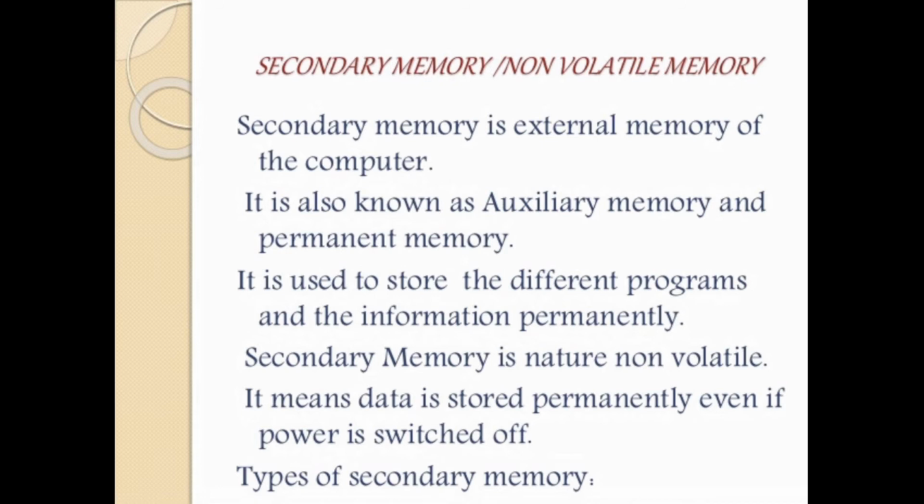A program from the secondary memory is first copied into the primary memory. The internal or the primary memory has a limited storage capacity as compared to the external memory, and secondary memory has a much larger storage capacity as compared to the primary memory. The data is stored in the external memory even when the computer is shut down.